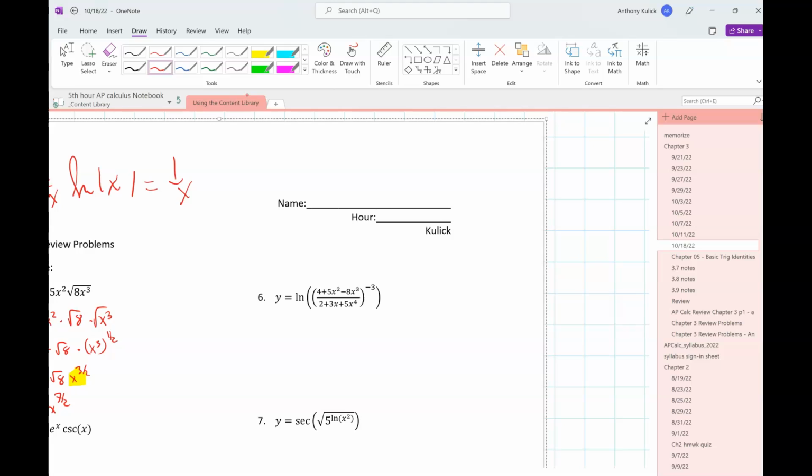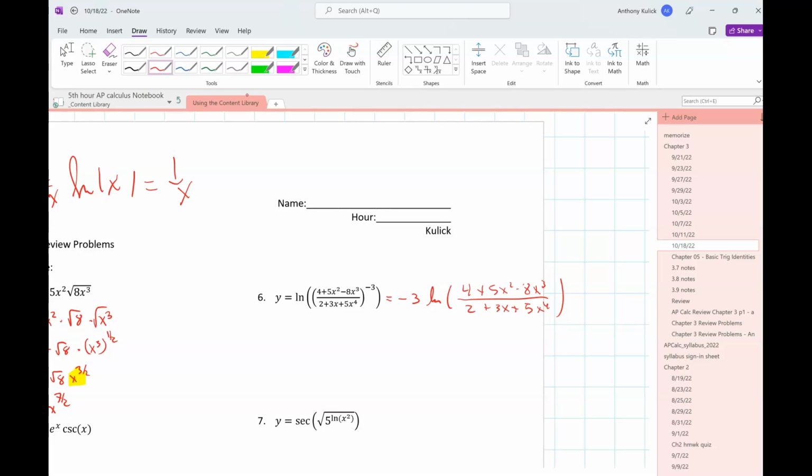When I see the natural log around something, I'm immediately going to start thinking back to my logarithm rules. I can use the power property for logarithms, and an exponent inside the logarithm can become a coefficient. Now, if you went at this problem and tried doing it as a bunch of linked chains, you can do that. It's okay.